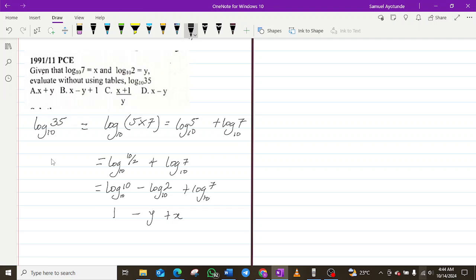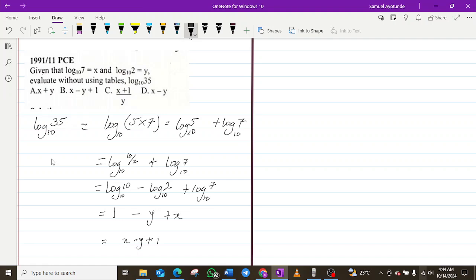So the answer is, when rearranged, if we want it to be like the options they provided, x minus y plus 1.